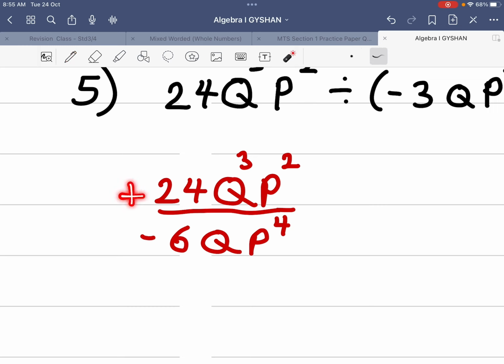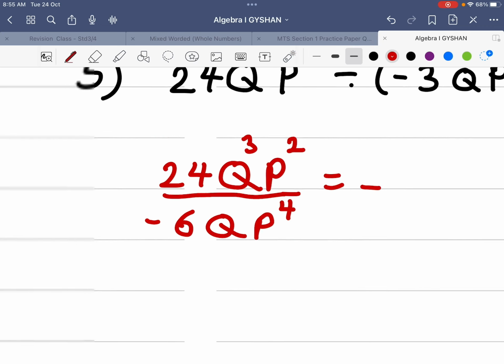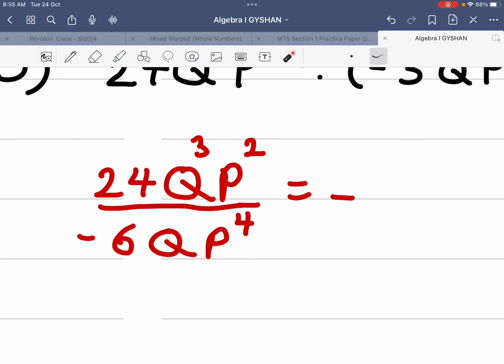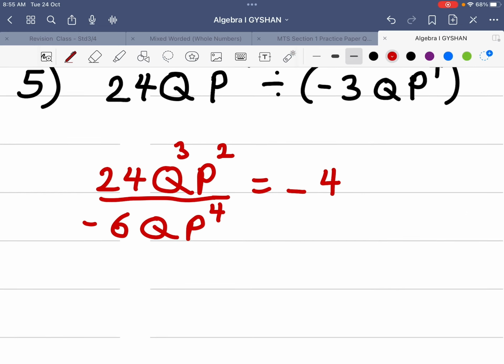A positive number divided by a negative number is a negative number. 6 into 6 is 1, 6 into 24 is 4. One of the q's will cancel with one of the q's, so that will leave you with q squared.